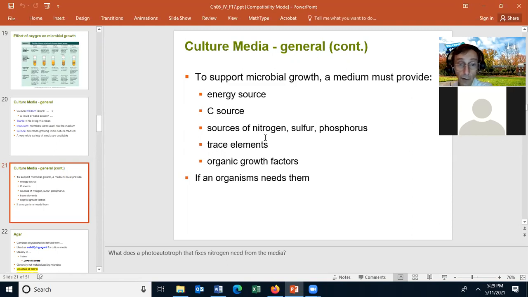So for a photoautotroph that fixes nitrogen, all you need to supply is sulfur, phosphorus, and trace elements. And a photoautotroph isn't going to need organic growth factors because it will make all of its own growth factors. The trace elements would usually be supplied by the makeup of the media ingredients, or maybe just the water.